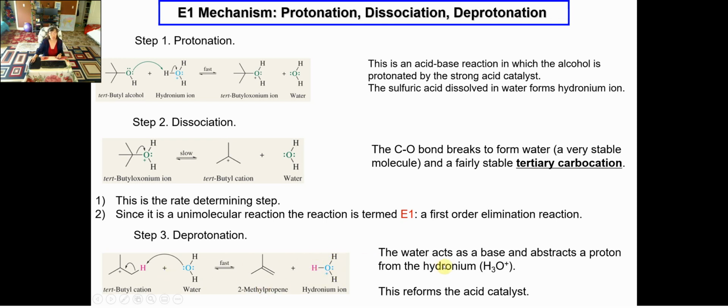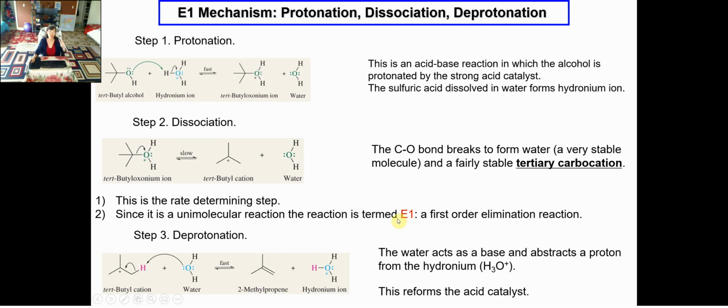In this third step, your water is technically acting as a base. This base is attracted to the proton to form a hydronium. Therefore, the acid is used, actually this reforms your acid catalyst, and then you produce a highly substituted alkene. This reaction is called E1.